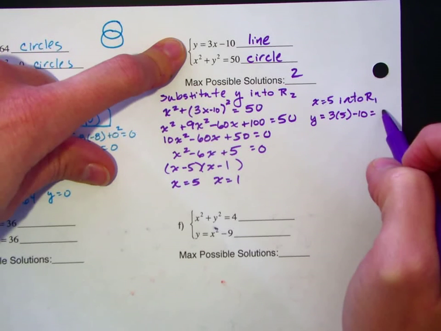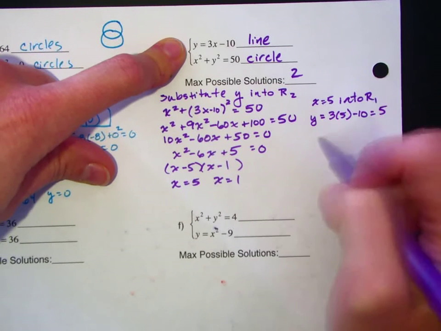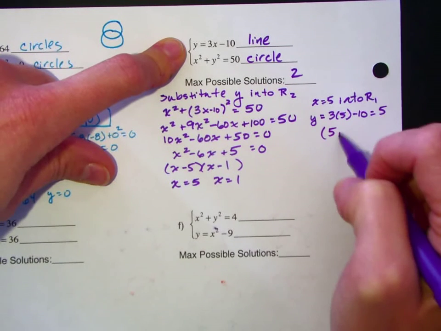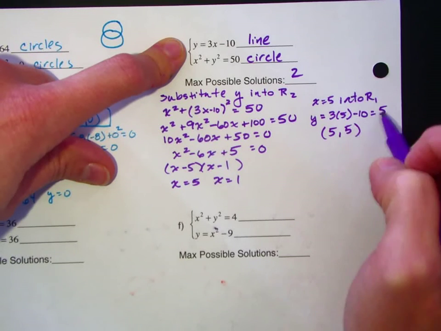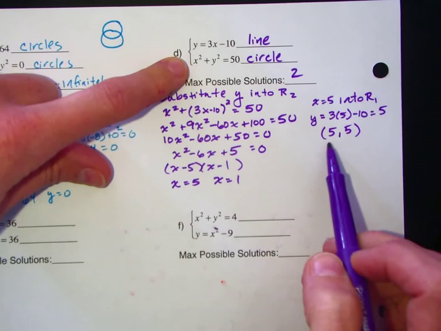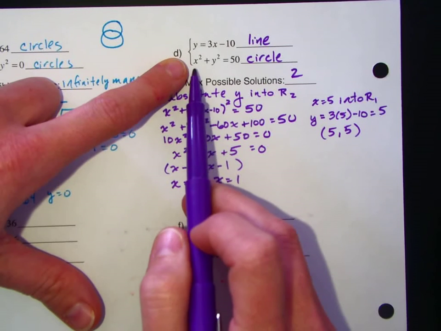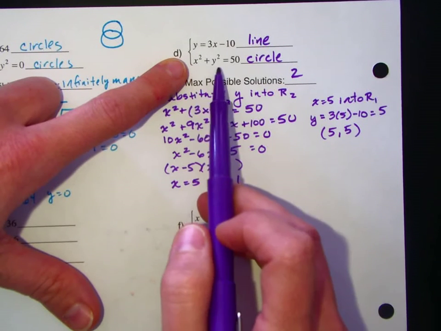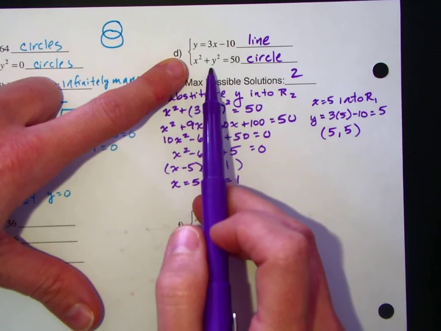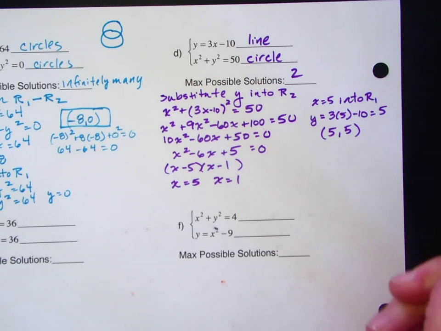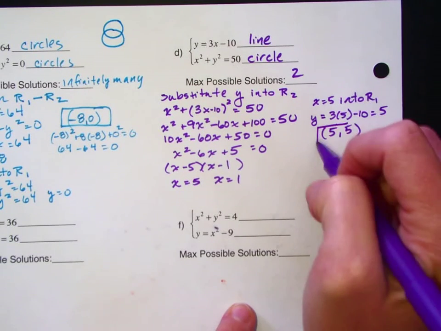What's 15 minus 10? 5. So our ordered pair here is 5, 5. So x is 5, y is 5. And then we check. This is pretty simple to do in our heads. What's 5 squared? Plus 5 squared? 25. Is 25 plus 25 50? Yes, so that's one of our solutions.